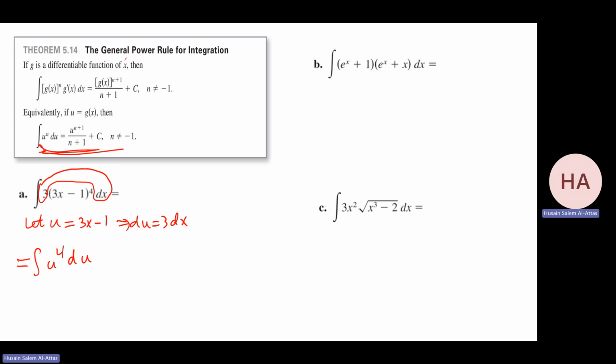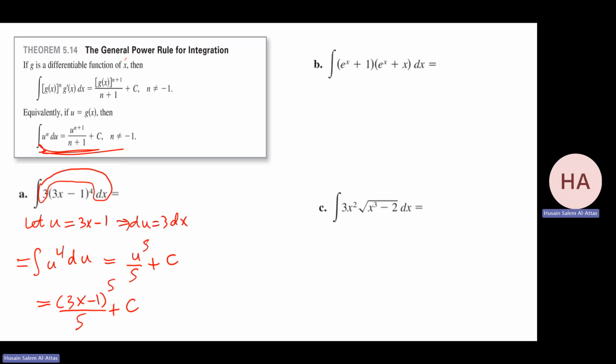Sometimes when you do a substitution, you will get the integral of u to some power, which is easy to do as the reverse of the power rule for differentiation. That will be u to the power 5 over 5 plus c. And what is u? It's 3x minus 1, so the answer is (3x minus 1) to the power 5 over 5 plus c.